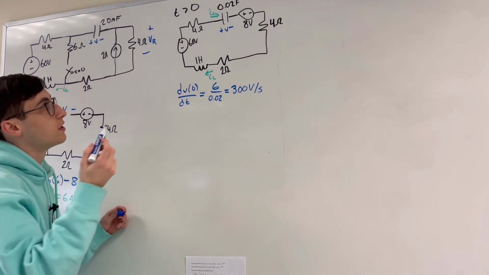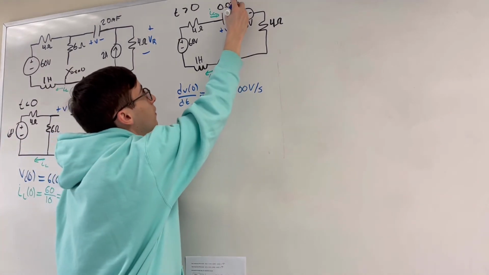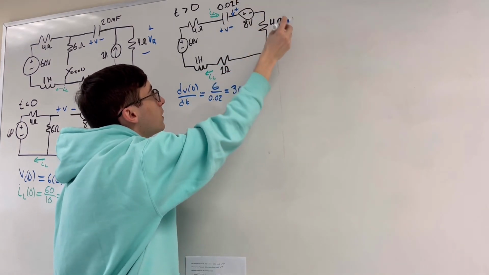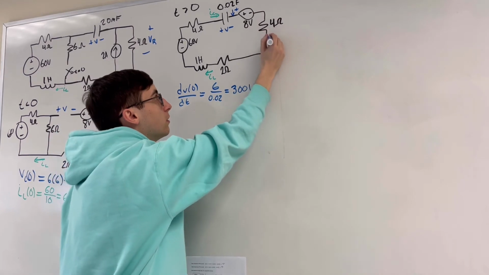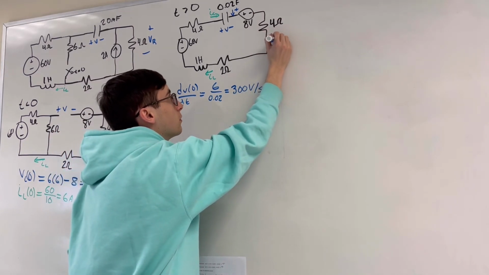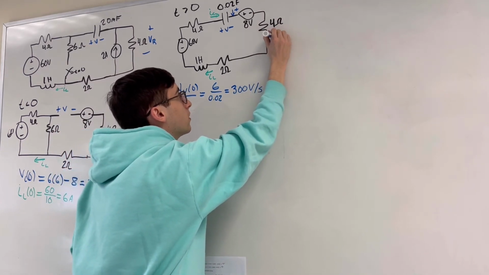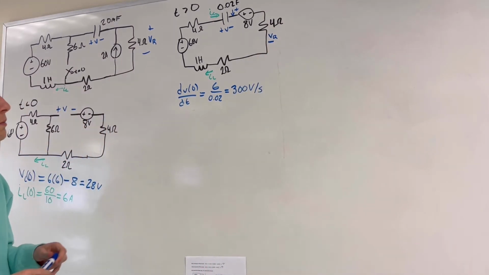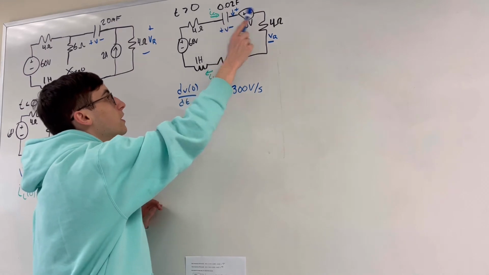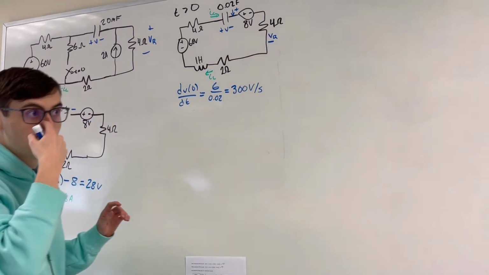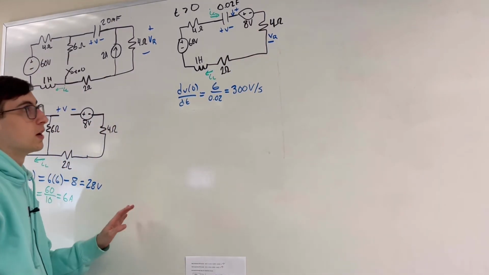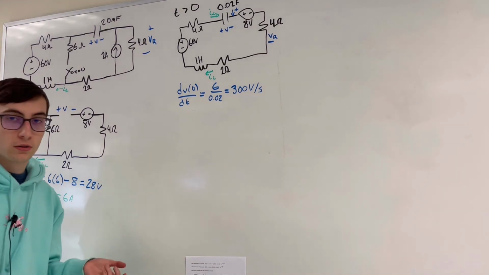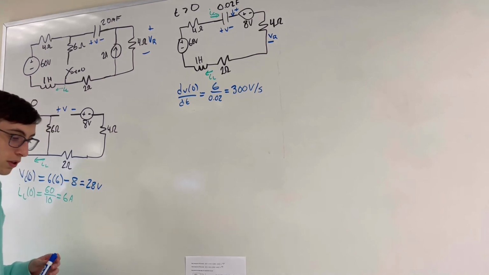So the real VR is going to be from this point right here, so it's our plus, and the end of this resistor right here, that's our minus VR. So the real VR now is between the top of the voltage source and the bottom of the resistor. And that's just something for later. You don't have to worry about that now. That's just for when we finally find our final equation. But yeah, just pointing that out now.